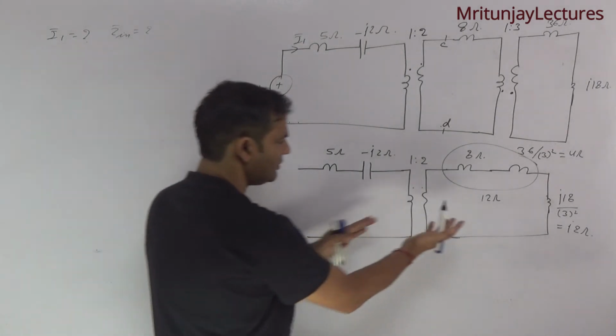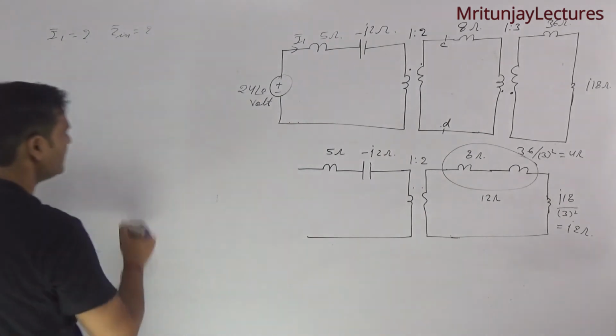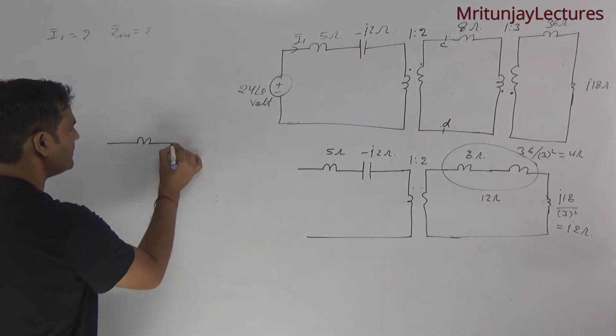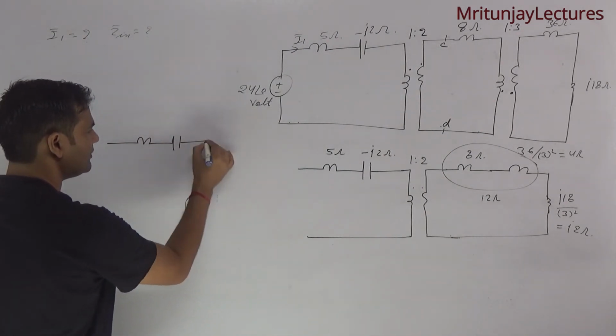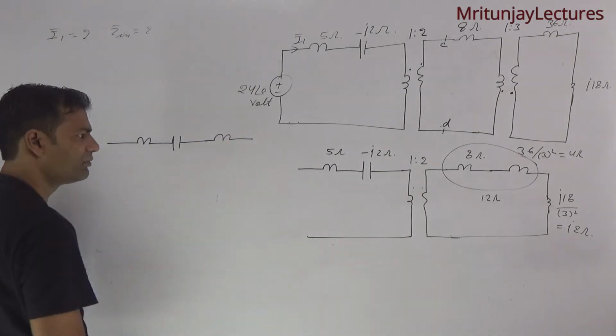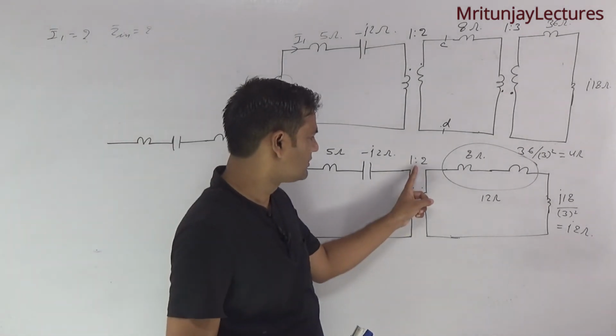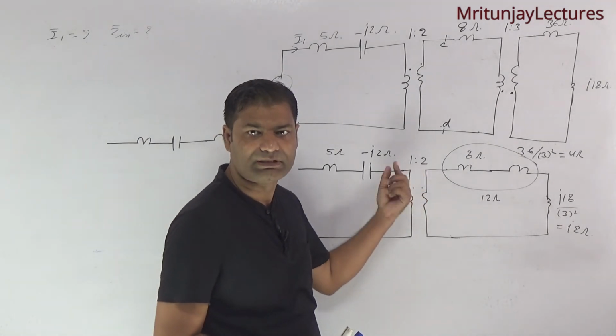If this one is converted here, then make again 1 by n square. What about n? That is 2 by 1, that is 2.